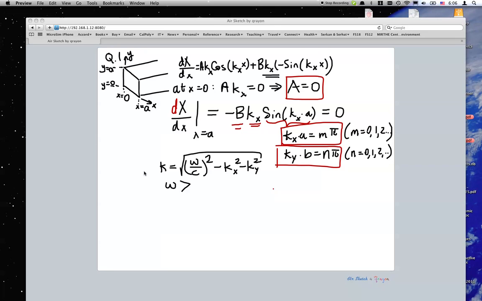If I plug those in, I'll get the following condition: omega should be greater than pi c times the square root of m over a squared plus n over b squared.